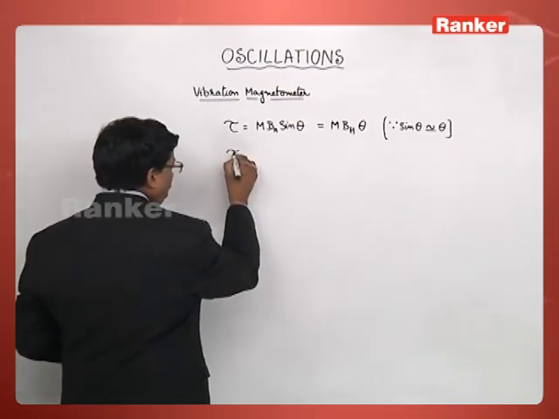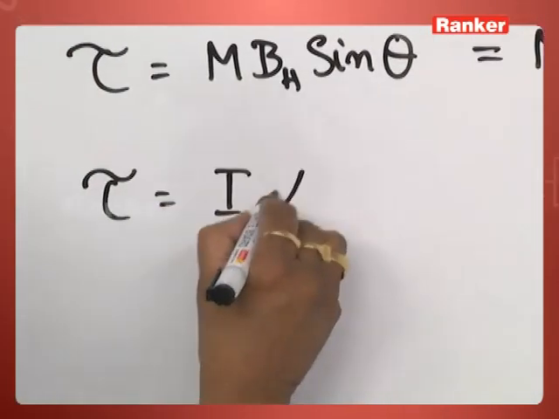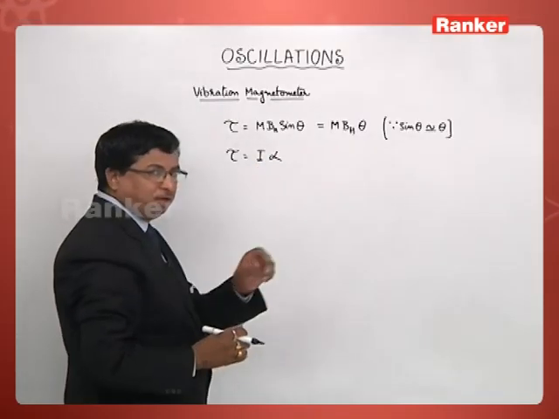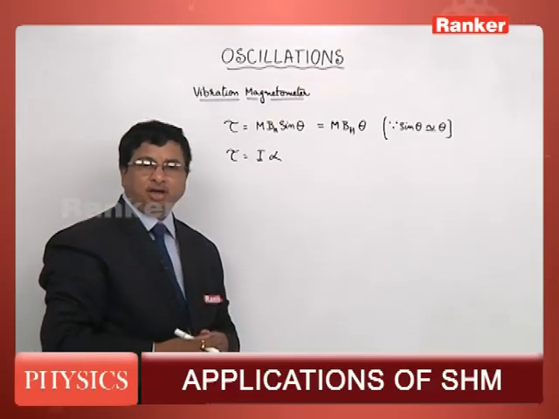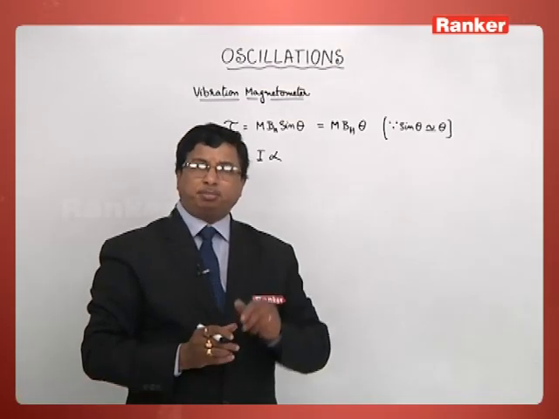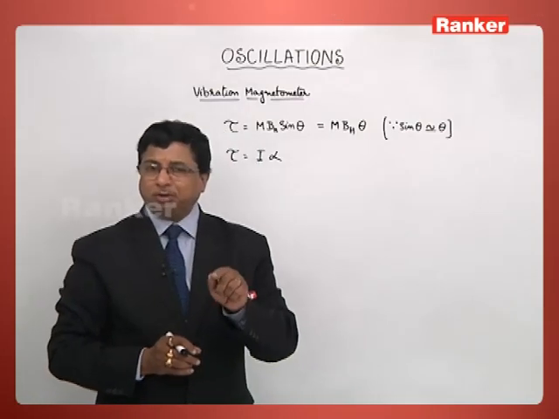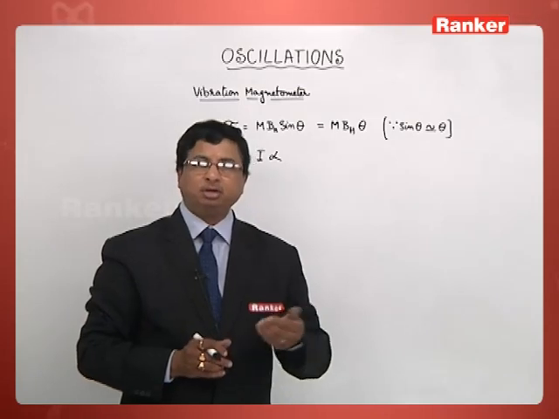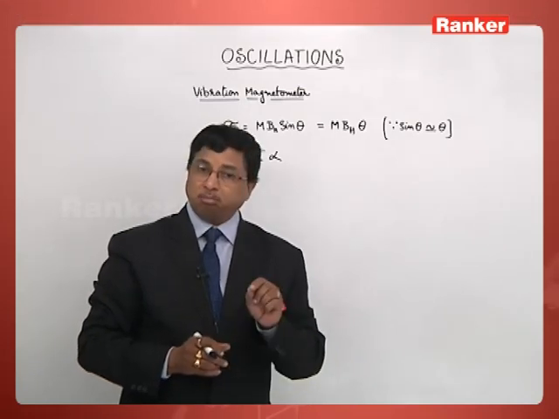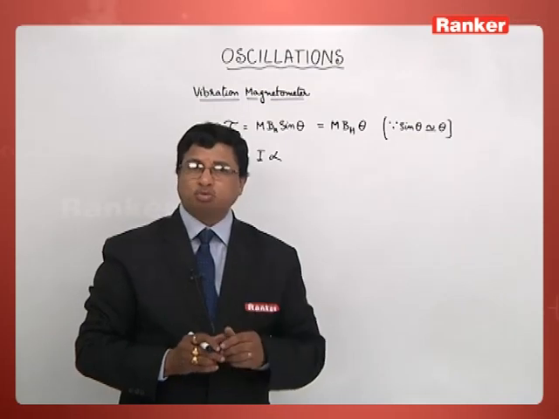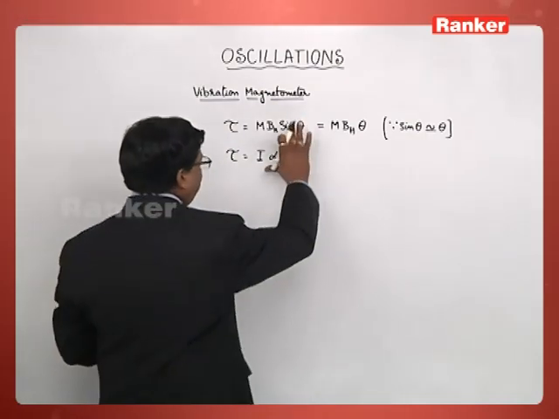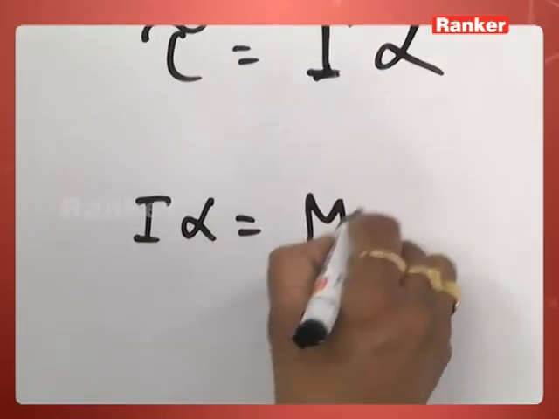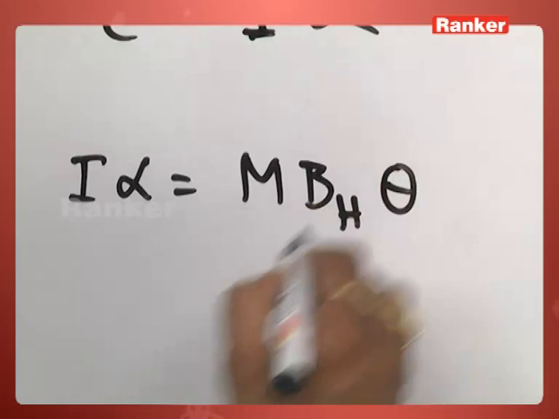The same torque we can write as I alpha as well. I is the moment of inertia of the magnet. Usually magnets are rectangular in shape, so M into L square plus B square by 12 is the formula for the moment of inertia of the magnet. If we equate these two values, I alpha becomes MBH into theta.